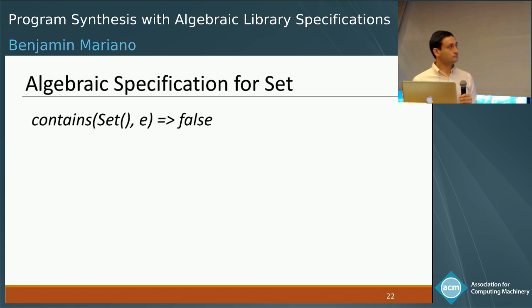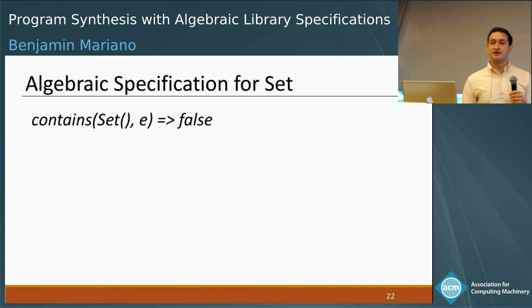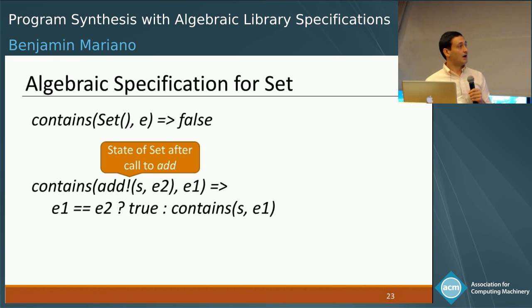Okay. So let's take a look at some more examples of how we can algebraically specify this set library. I've already shown you this first rewrite rule, but here's a second rewrite rule. What this rewrite rule is saying is if we have some set S and we add an element E2 to it, and then we ask, does that set contain the element E1?